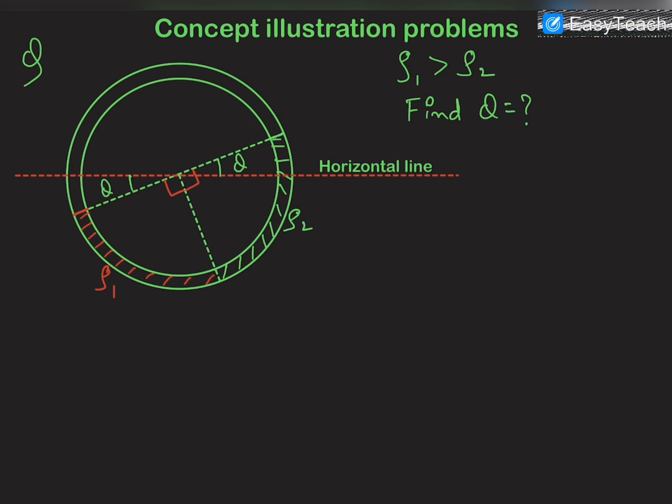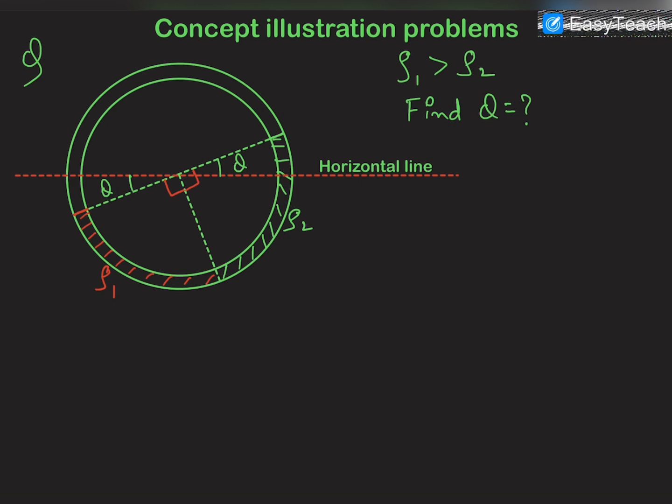In this question you can see that a circular tube is filled with two different liquids equal in volume. So you can see that this liquid is filled in a volume which is equal to the volume of this liquid, and the angle subtended by this liquid at the center is 90 degrees, as well as the angle subtended by this liquid is also 90 degrees, and they are combinedly subtending an angle of 180 degrees at the center.